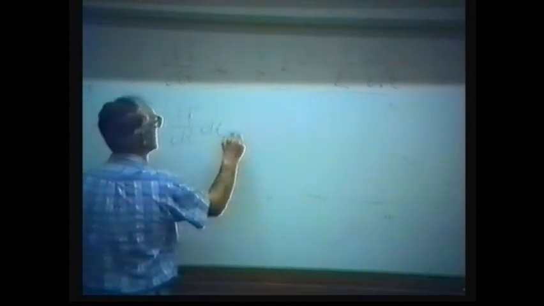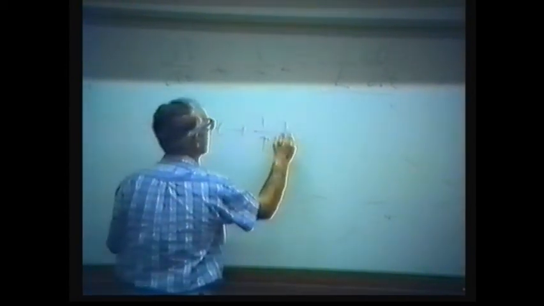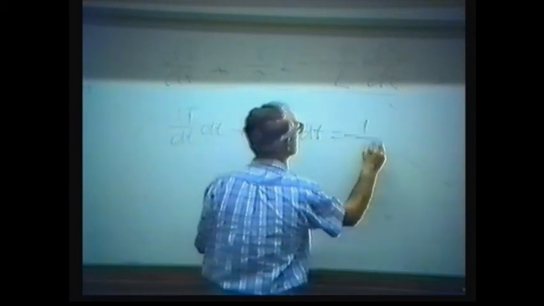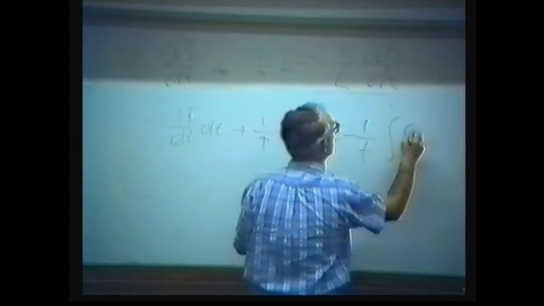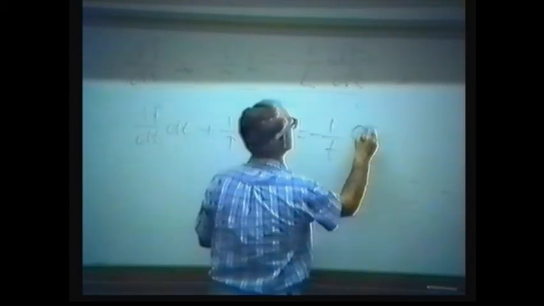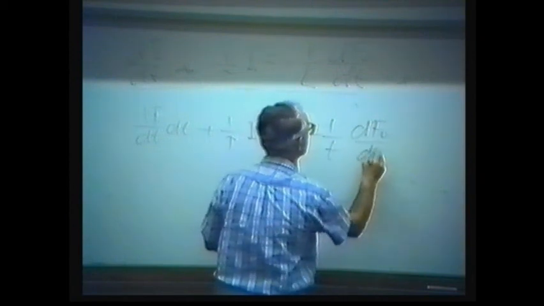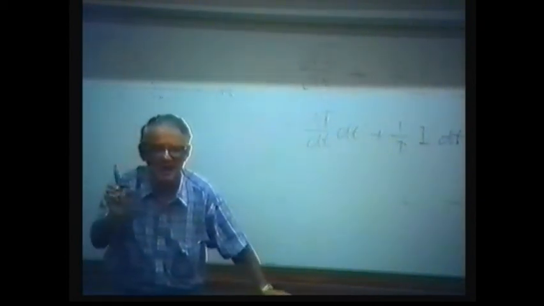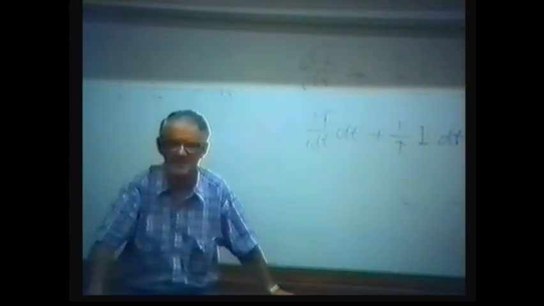Let me multiply by time: di/dt times dt plus (1/tau) I dt equals minus (1/L) dF0/dt times dt. No problem. I only multiply by some time interval. It's very simple arithmetic.